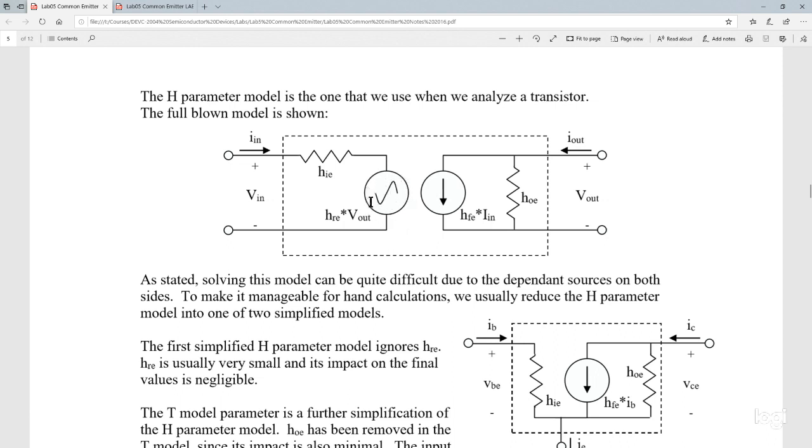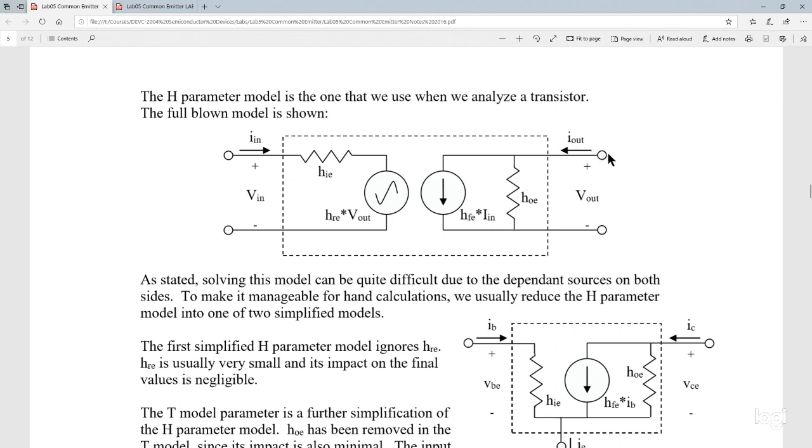There's a little bit of a voltage source on the input side, and what that is, if you apply a voltage to the output, some of it may leak back through the transistor and appear in the input. So this is to model reverse leakage in the transistor, which is a small effect and we usually ignore it. HOE here is called output admittance.